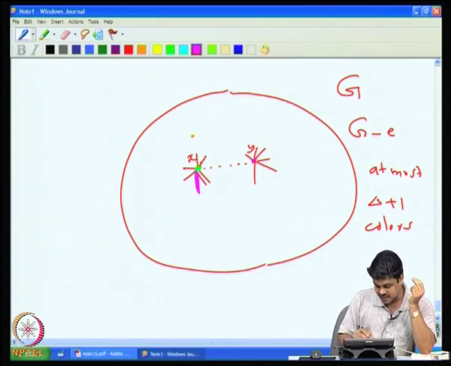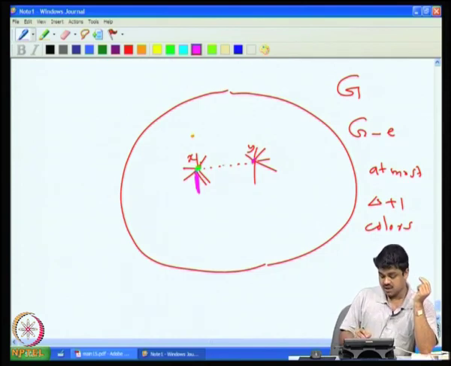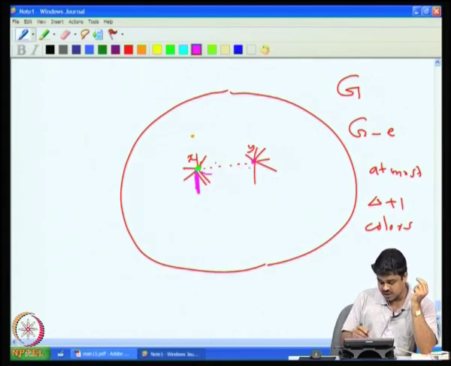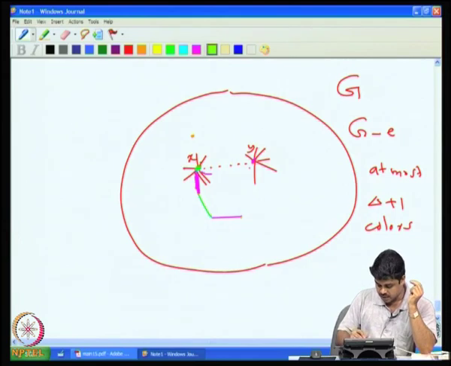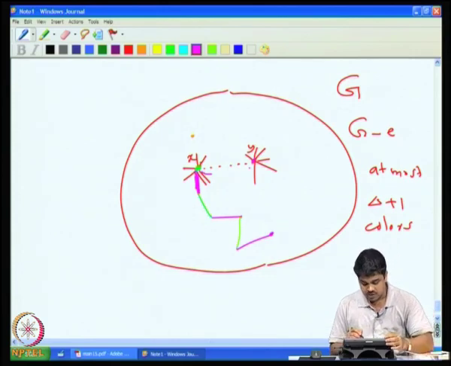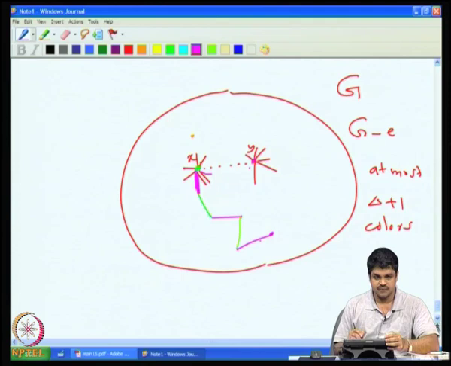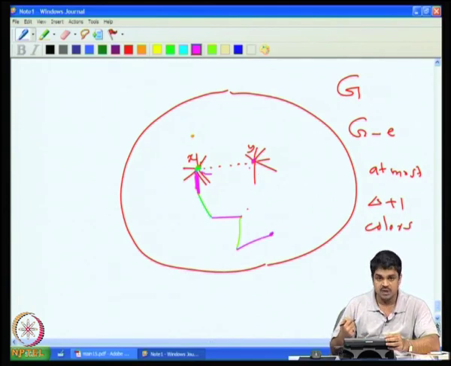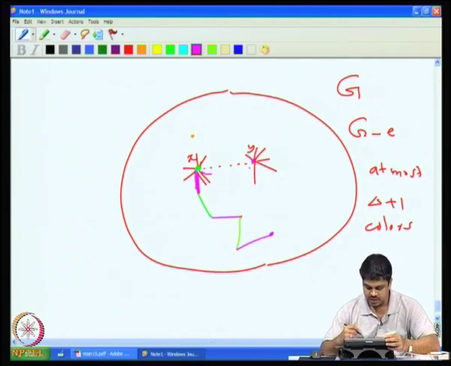If violet is missing here and violet is also missing here, then we can easily give violet color to this edge. Suppose violet is here, and then I try to trace the violet-green path here. Is it possible that it can abruptly stop somewhere? If it abruptly stops somewhere without reaching y, then we can do the trick that we had done in the case of bipartite graph.